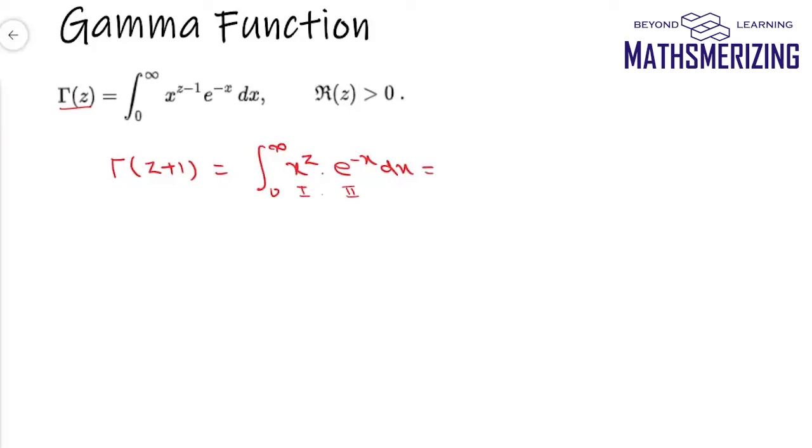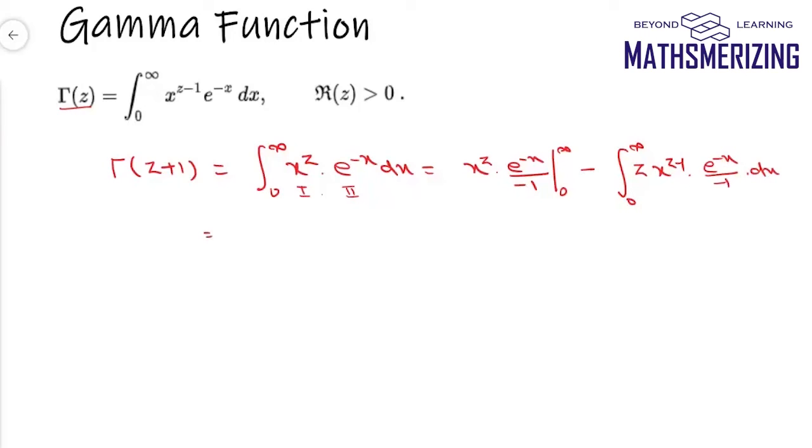I can write it as x to the power z as it is, and then integral of e to the power minus x will be e to the power minus x upon minus 1, and then it'll be from 0 to infinity, and then minus integral 0 to infinity. Now differentiation of first function, so there'll be z into x to the power z minus 1, and then integral of the second one, which is e to the power minus x upon minus 1 into dx.